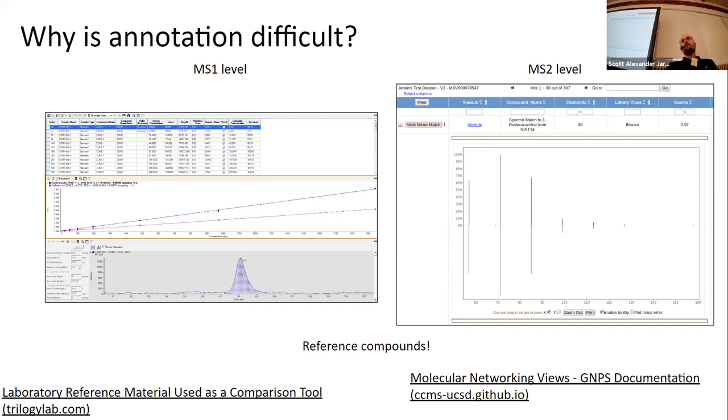But because no journals have ever required you to deposit raw MS2 data, there's practically nothing else out there to mine besides the data that we can curate ourselves. So this is why the challenge is very hard, and why in untargeted metabolomics, it's routinely quoted that 99% or around there is unannotated or not able to be annotated at the moment.